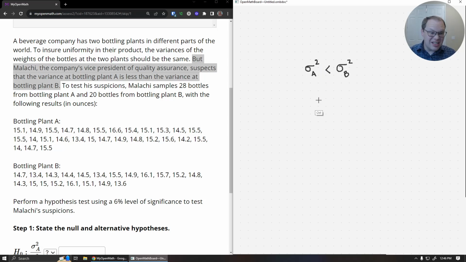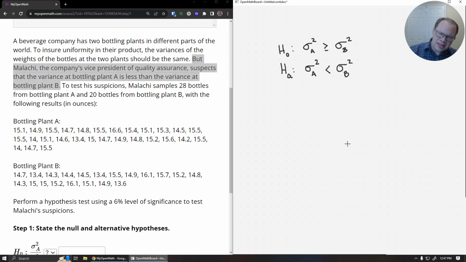This uses a less than symbol, so this would have to be our alternative hypothesis, which means our null hypothesis is just the same thing but with the opposite inequality symbol. So instead of a less than, we're going to use a greater than or equal to symbol. Okay? So these are our hypotheses.